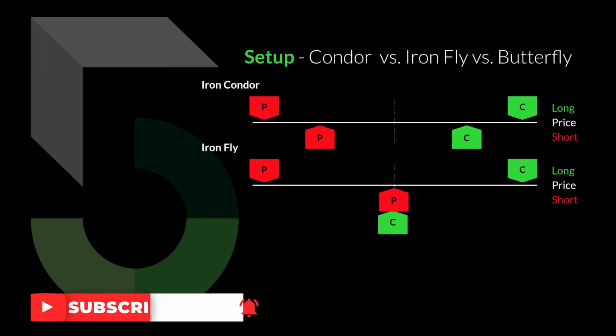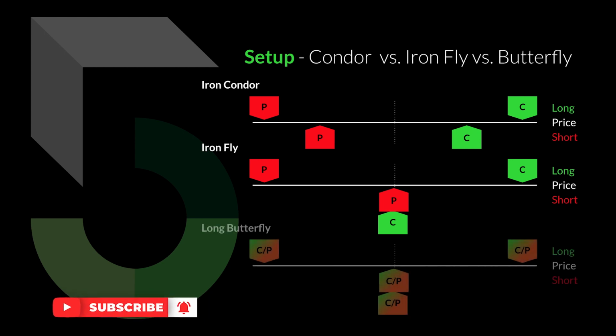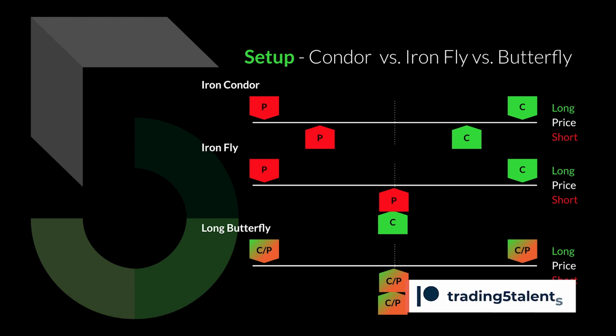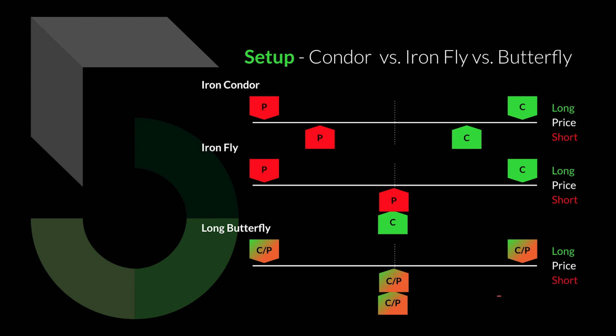Now, how that differs from a butterfly or a long butterfly is like this. So you have the same setup in terms of where these strikes are in relation to one another as you do with the iron fly, except in this case, you're either using calls only or you're using puts only, which is why you can see it's shaded in a gradient from green to red.